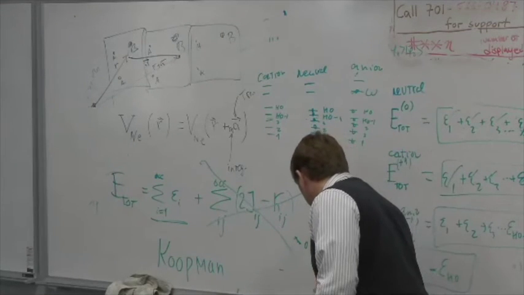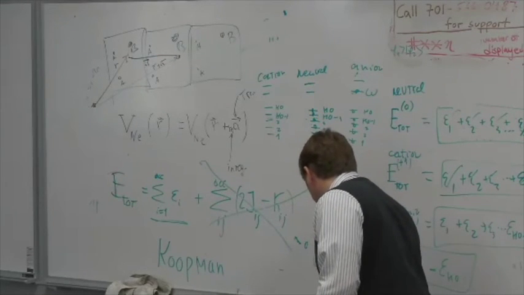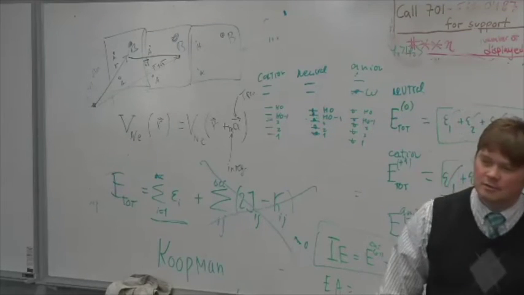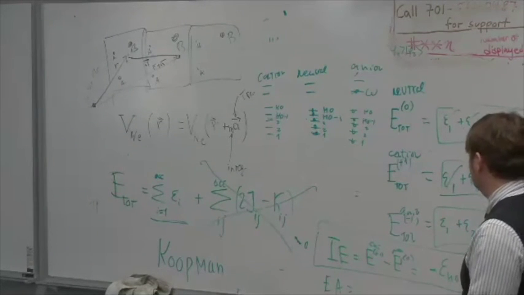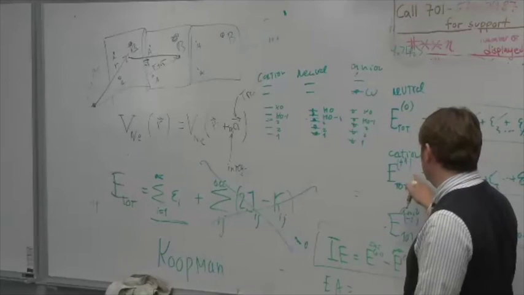And same for electron affinity. How do we define it? It is the energy to stick an electron to the molecule, contributing an additional electron. So at the end we'll have the anion, at the beginning we have neutral.